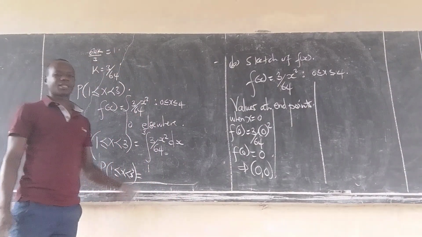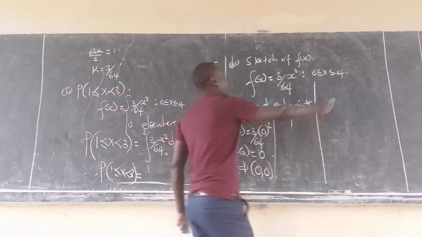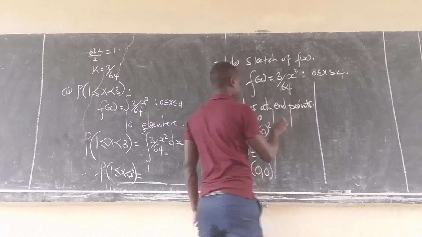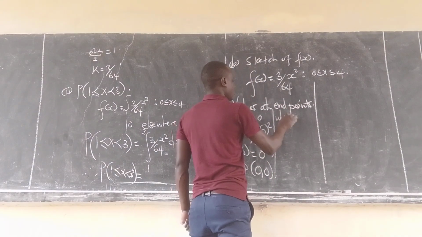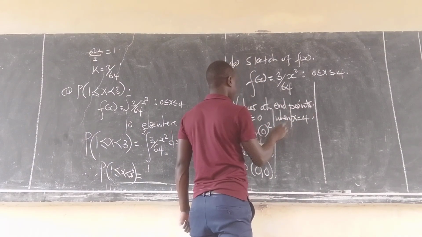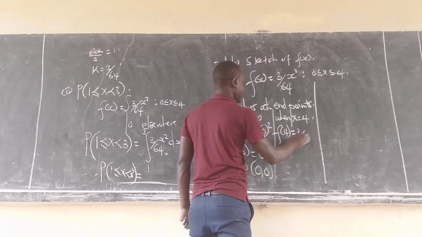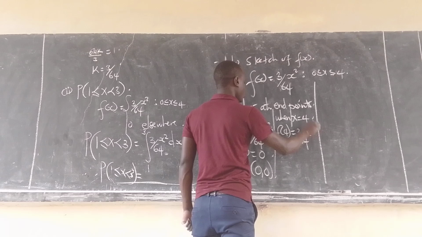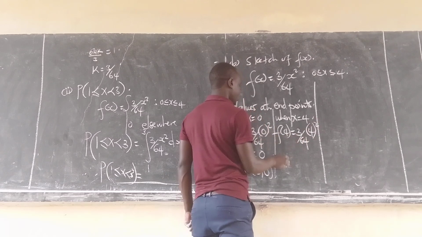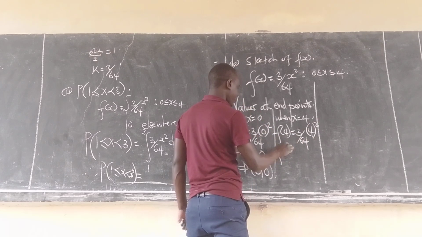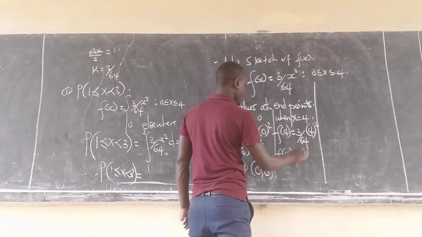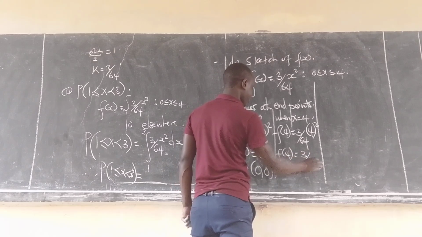We also need the other end point, and that is when x is the extreme value. So when x is 4, our f of 4 is going to be 3 over 6 times 4 squared, and our f of 4 is going to be 3 over 4.